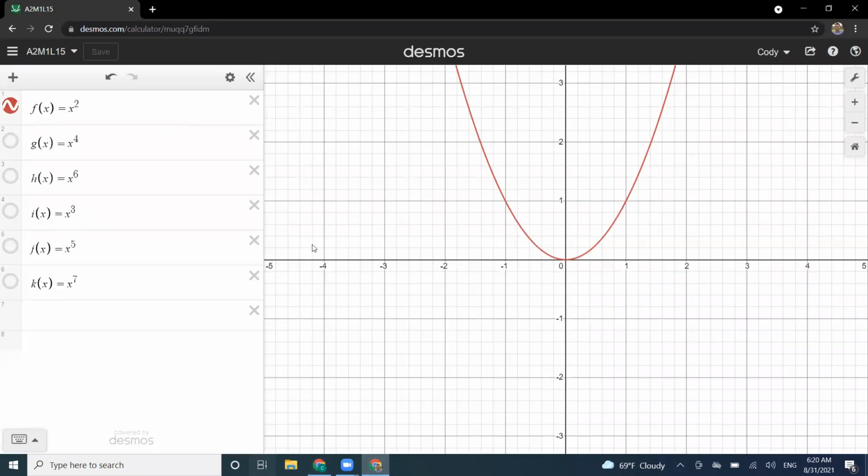Over here, x squared, I told you it's always going to be a parabola. All right, x to the fourth is a little bit narrower of a parabola. X to the sixth ends up being even narrower at the top, but look how it's fatter at the base at 0.